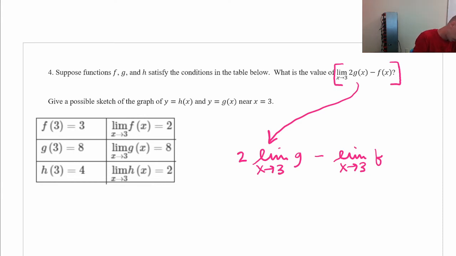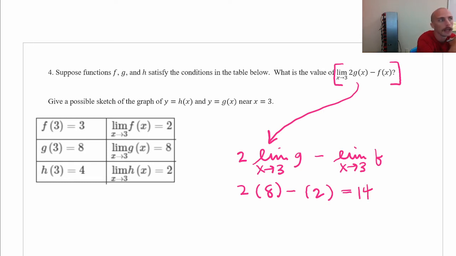Okay. So the limit of g is 8, so that's 2 times 8 minus 2, pulling those numbers from the table. And so that would be 10 minus 2 is 8, or, no, that's not 10 minus 2. That's 16 minus 2, which is equal to 14.